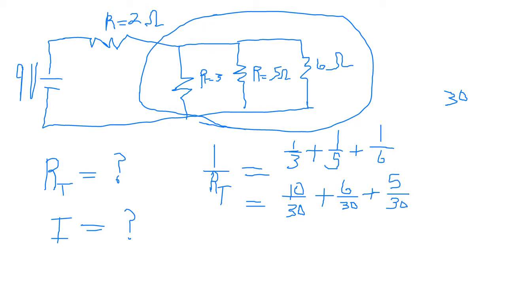And so then you have all of that equal to 21 over 30.